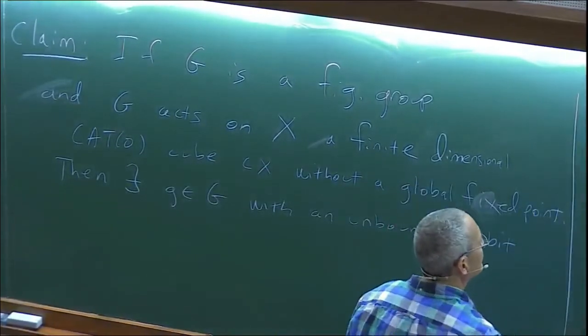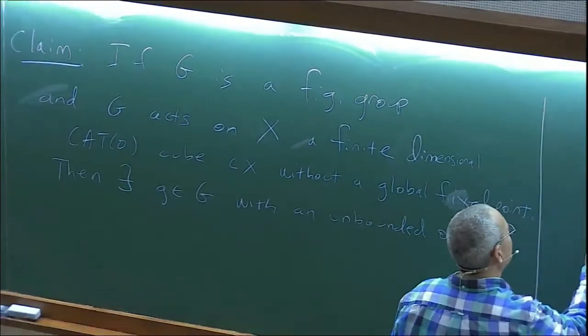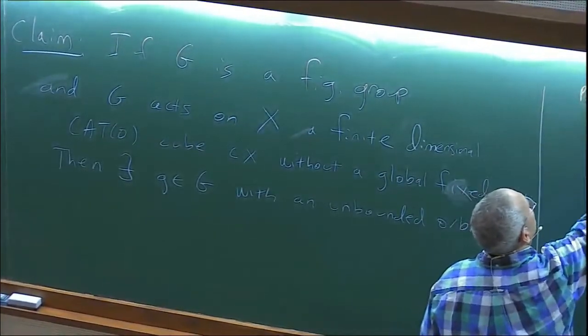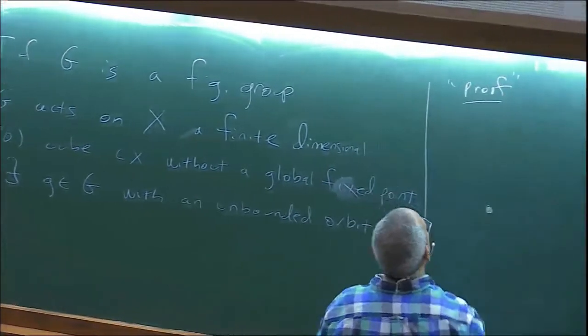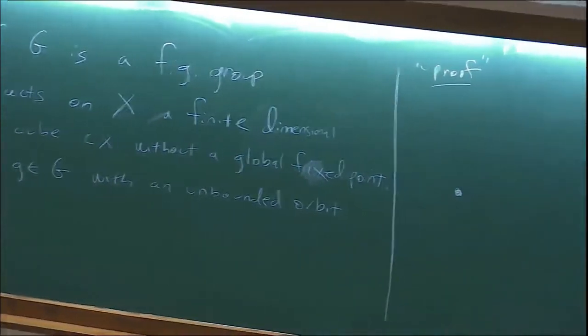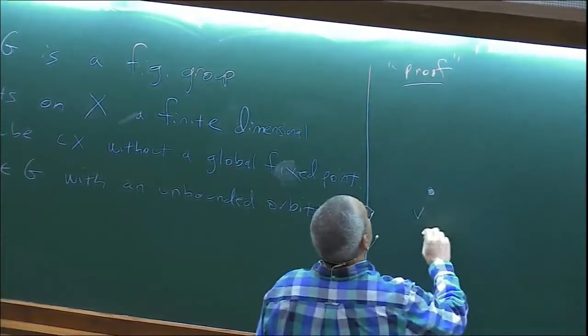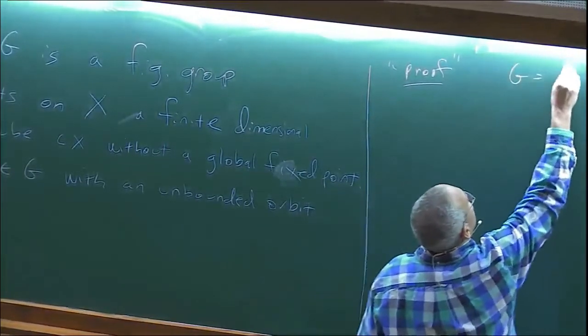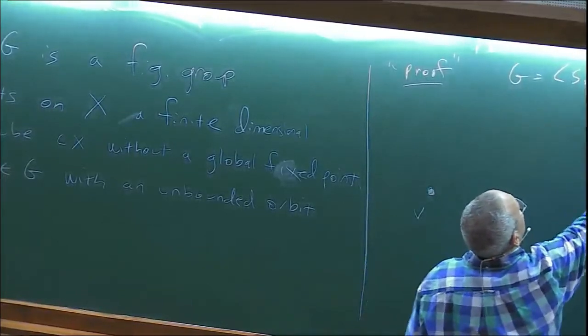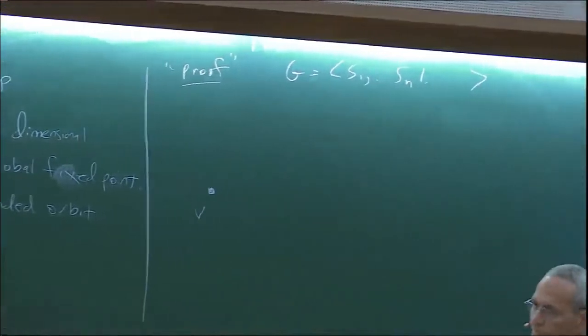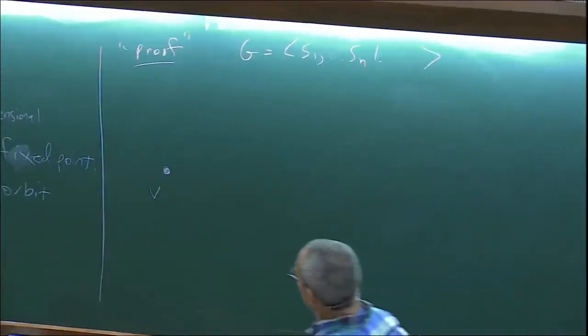So just to give you some idea of how you would do this, a sketch of a proof. You pick a vertex, and suppose your group is generated by elements S1 up to Sn, with some relations.